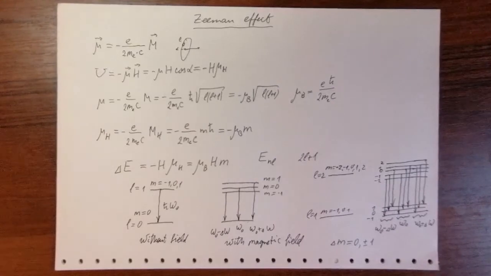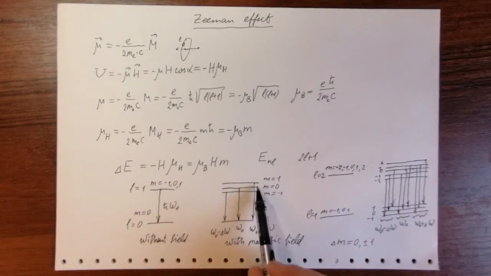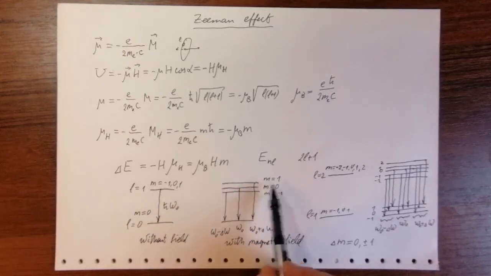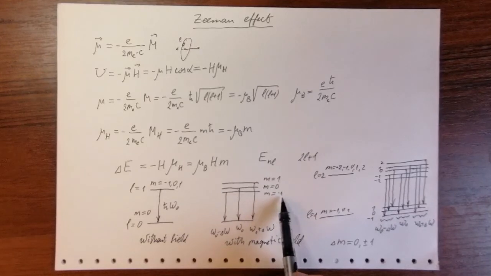The situation is different if a magnetic field is applied to this atom because of this additional energy. The upper level will be split into three levels. One is m equal to 0, one m equal to 1, and one m equal to minus 1.